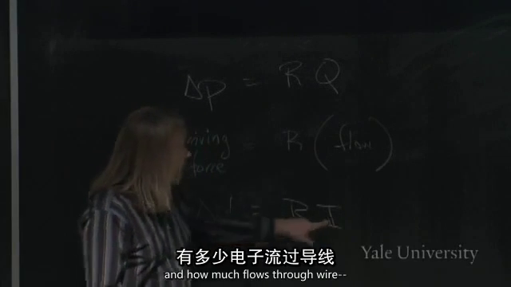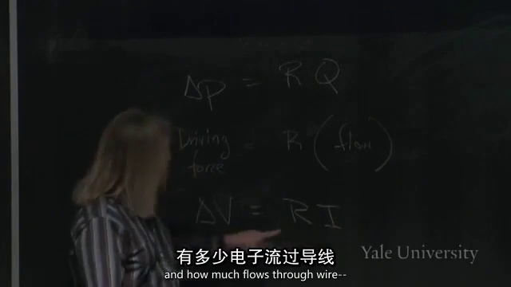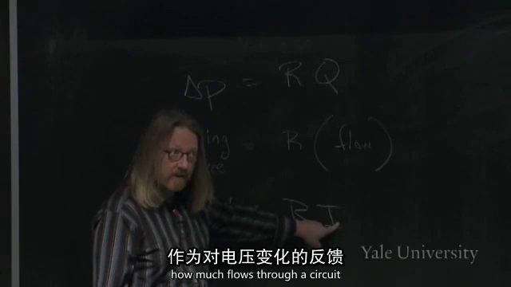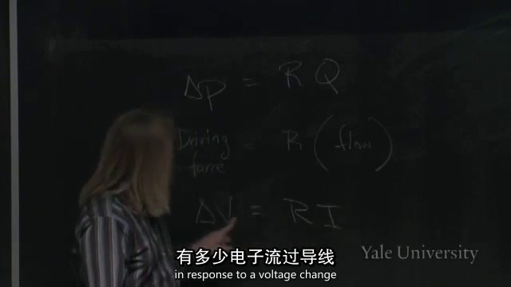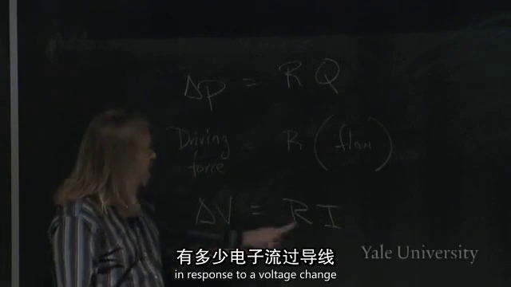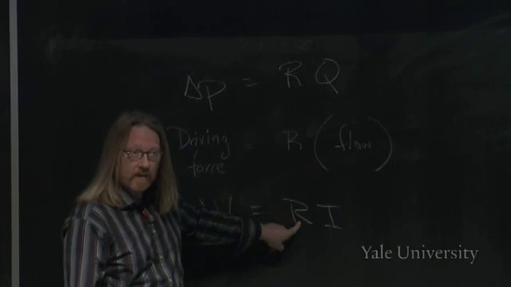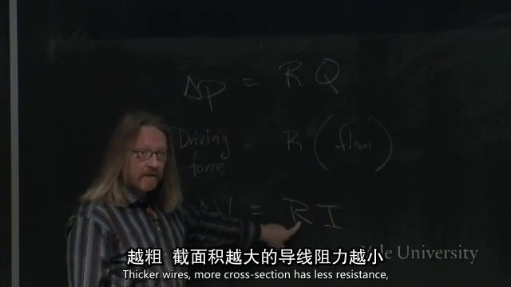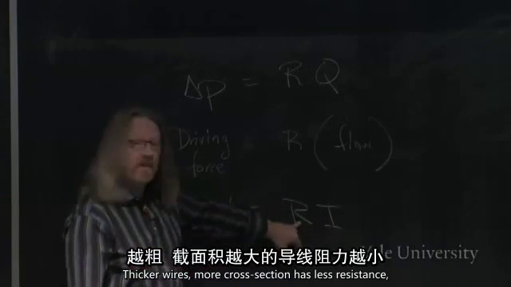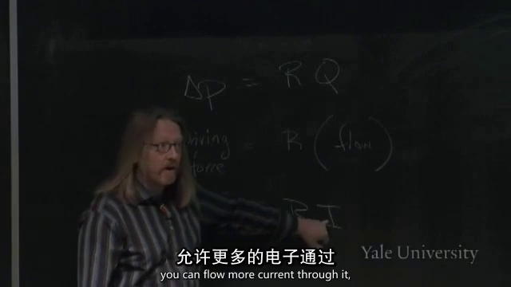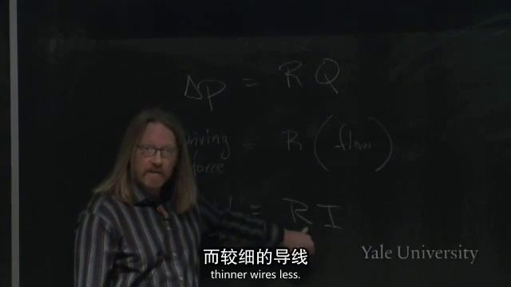And how much flows through a wire, how much flows through a circuit in response to a voltage change, depends on a property of the wire, its resistance. Thicker wires, more cross-section, have less resistance. You can flow more current through it. Thinner wires, less.